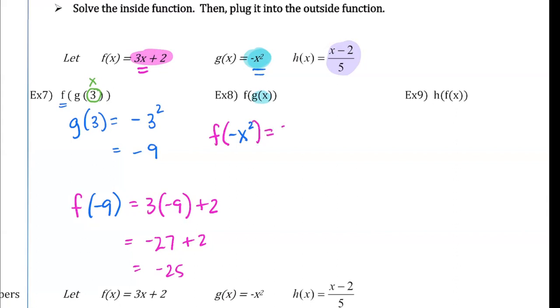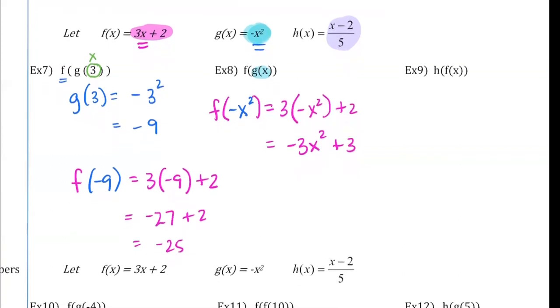And look up there, and I have a 3, and then instead of an x, I'm going to write the negative x squared plus 2. So again, this function right here, the g of x function, what that is equal to was plugged in for x into the other function. And now I'll simplify. This will be negative 3x squared plus 2, and there isn't anything else for me to do there, and that is that. Let's do one more because I know these are a little tricky.